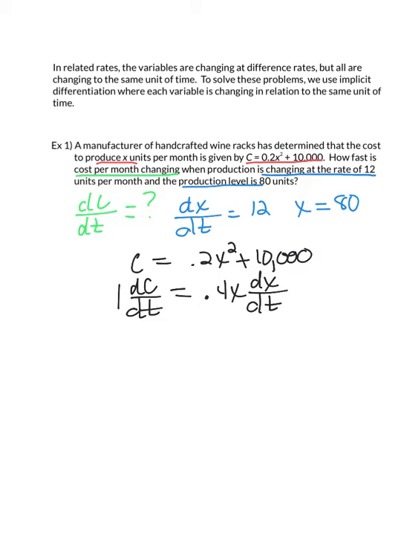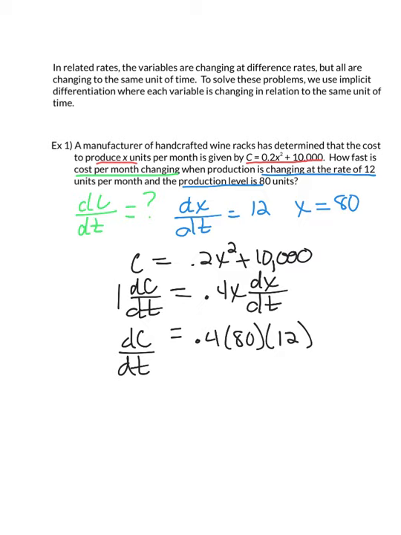So if you look, we already have this solved for dC/dt because 1 times dC/dt is dC/dt. So all I need to do is substitute in what I'm given. So 0.4, our x is 80, and dx/dt is 12.